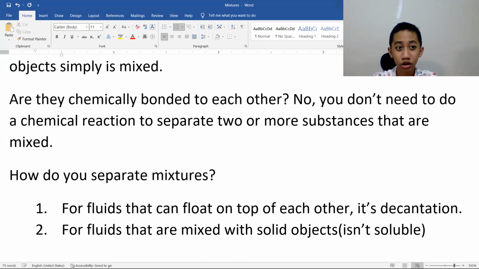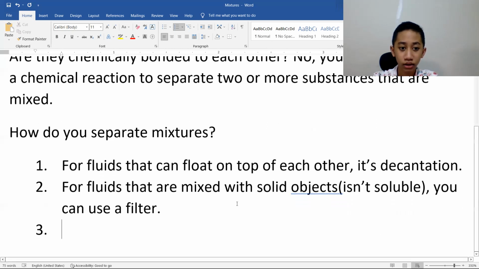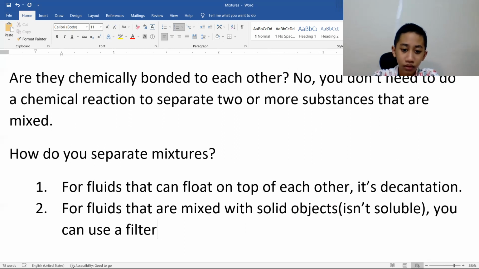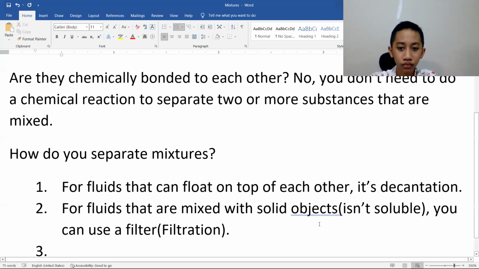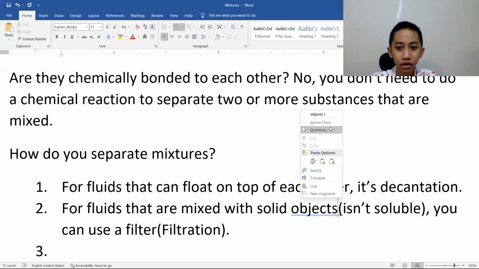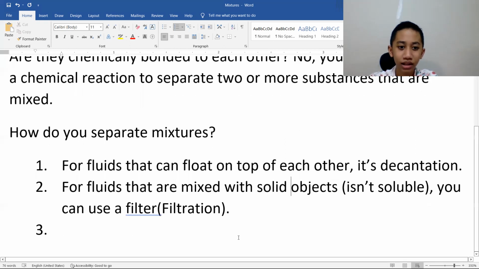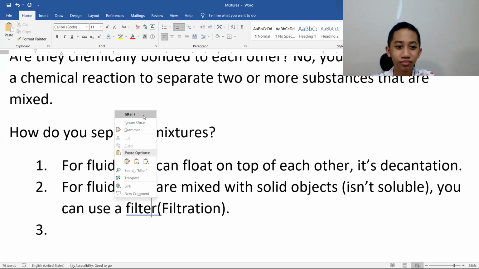Pay attention to this, insoluble, because there is a soluble counterpart. You can use a filter. Filtration.